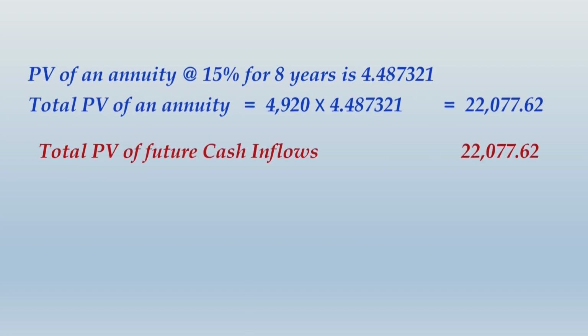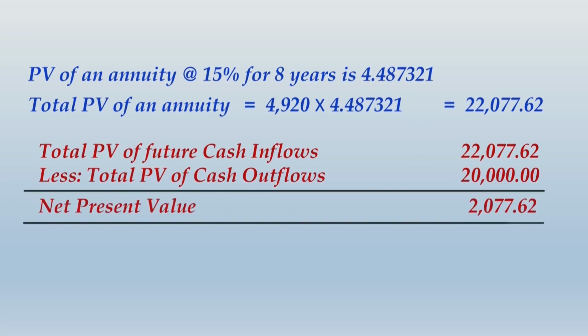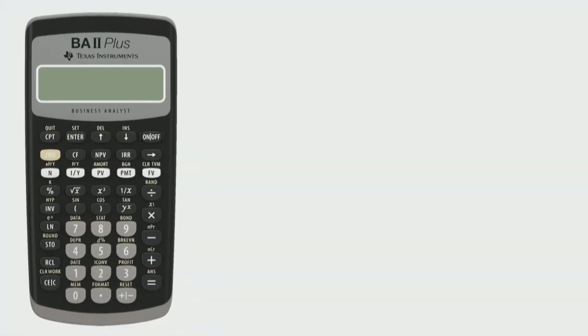So we call that as total PV of future cash inflows, 22,077.62. From that you subtract the total PV of cash outflow, that is $20,000, and you get the net present value as $2,077.62. Let us move ahead and look at the steps on your financial calculator.